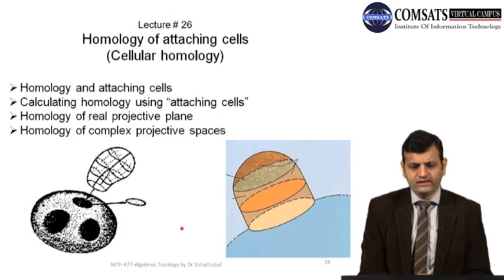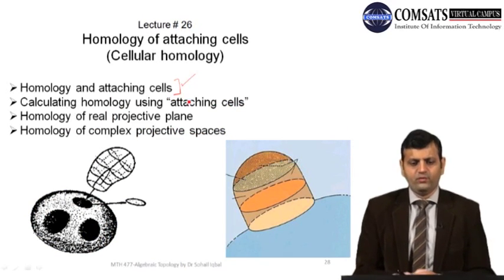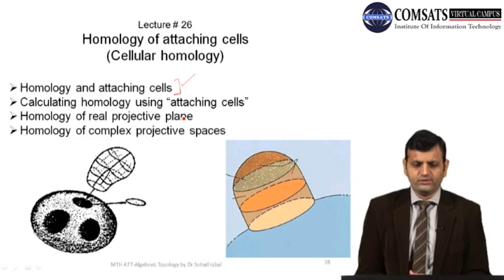In lecture number 26 we discussed what happens if I attach a cell, in the sense of what happens to the homology groups of the space if I attach some cells. Then in the second section we discussed calculating homologies using attaching cells, the homology of the real projective plane.